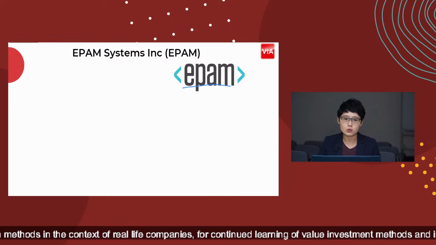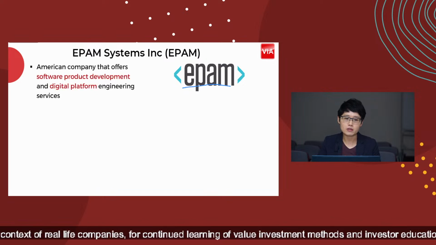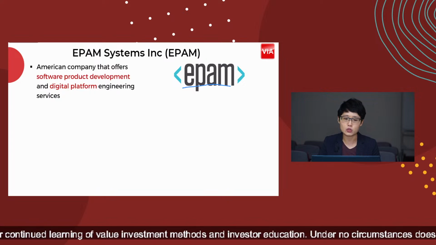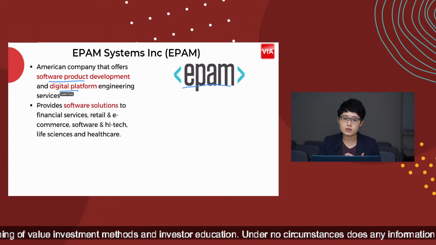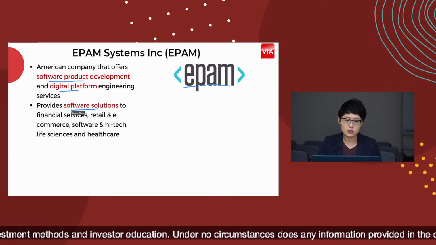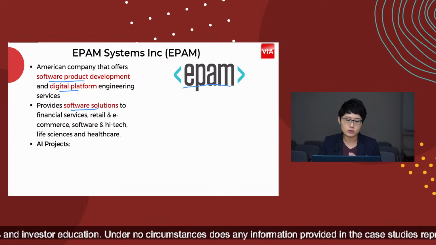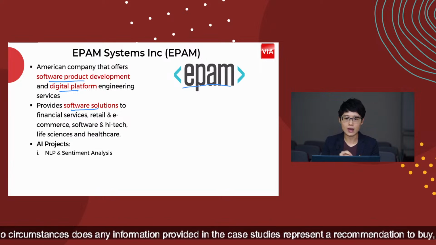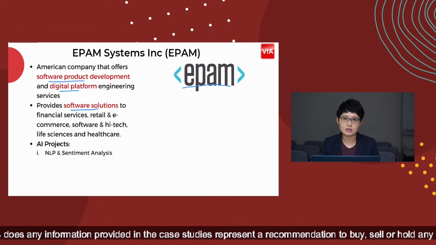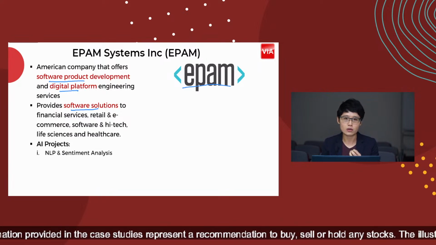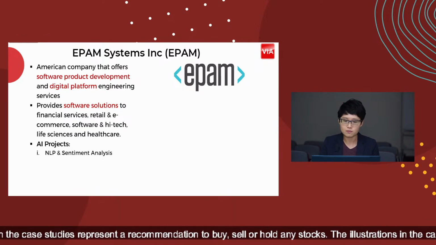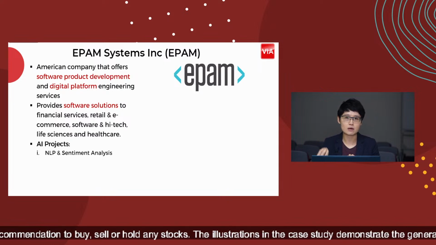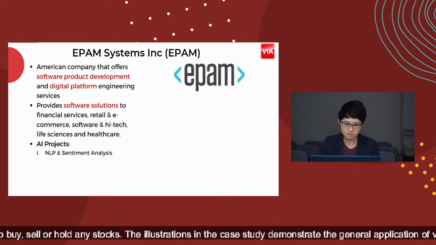They are an American company that produces software product development and digital platforms, where they provide software solutions to various industries. The AI projects they are involved in are NLP and sentiment analysis. That means based on text, they will find out whether the emotion is positive, negative, or neutral, as if the AI has some emotion detection.